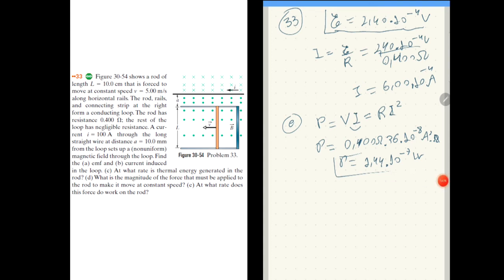Now moving on to letter D, it asks you to determine what's the magnetic force acting on the side of the bar, on the side of the spiral, which is the bar. And maybe you guys think that well, there is no magnetic force acting on it since the bar is moving with a constant velocity, and if there is no acceleration, there should not be a force.